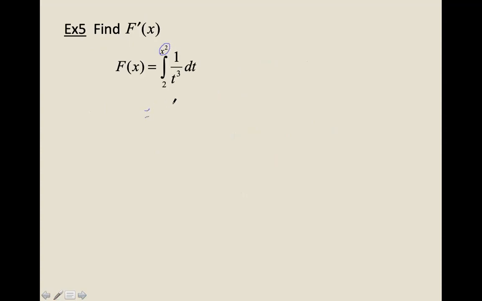So it's going to be equal to 1 over x squared, which is what I'm replacing t with, and it's still cubed. And then I take the derivative of x squared, which is 2x. All right, so I'm going to keep simplifying. That gives me 2x over x to the 6th. And my final answer would be 2 over x to the 5th. And that's what f prime is equal to.